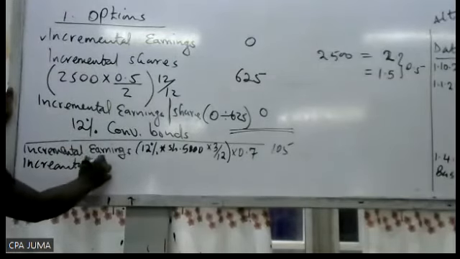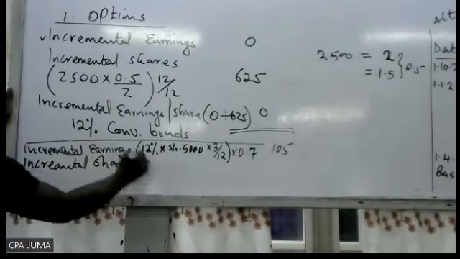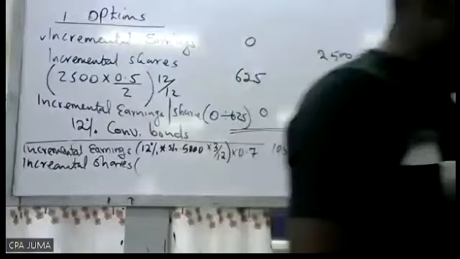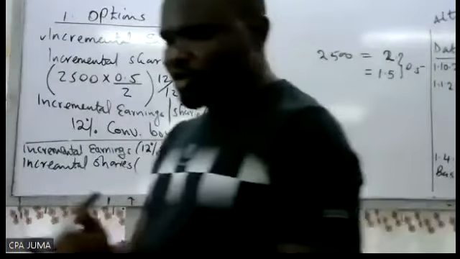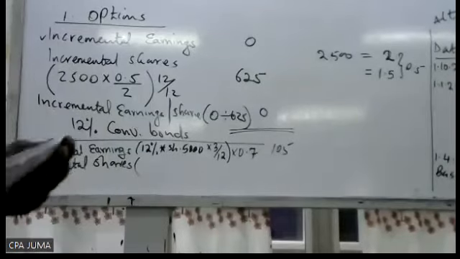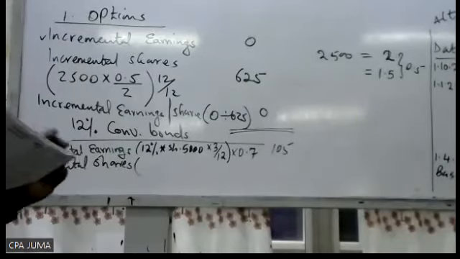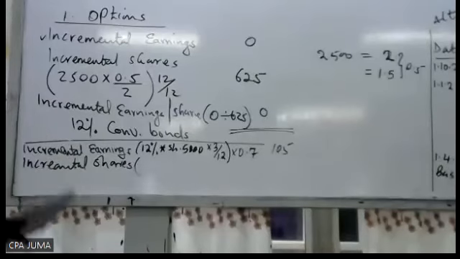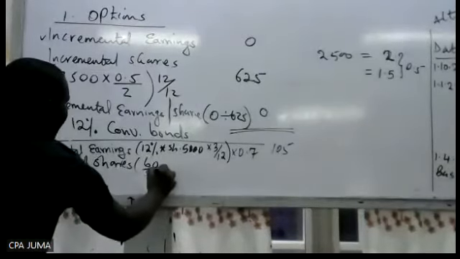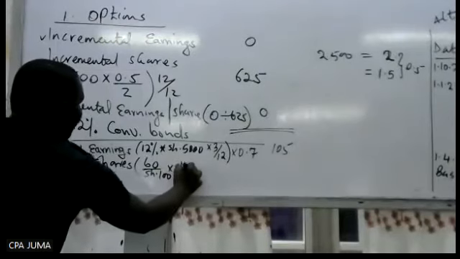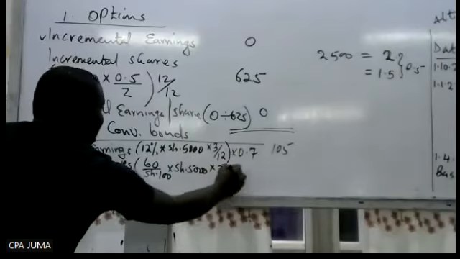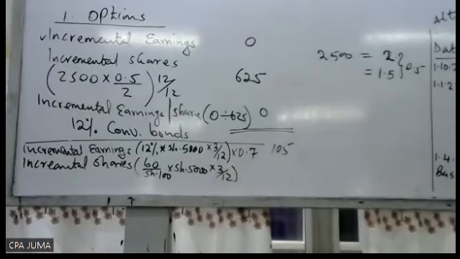So incremental shares. Check the basis. How many bonds were we having? What was the basis if I want to convert? I will get 60 ordinary shares for every shillings 100 of the bonds, and the bonds we are having is shillings 5 million. But those shares I will wait for how many months? 3 months.